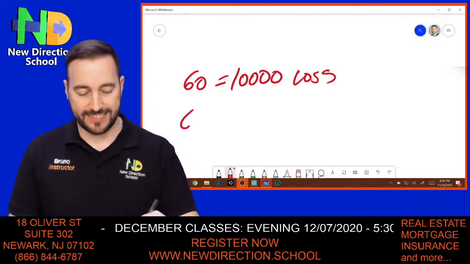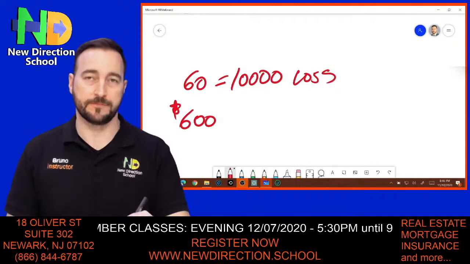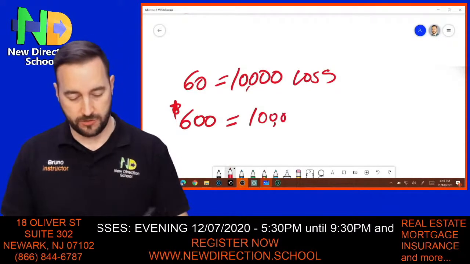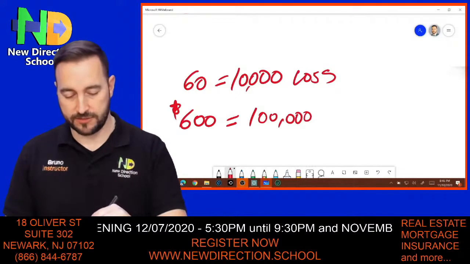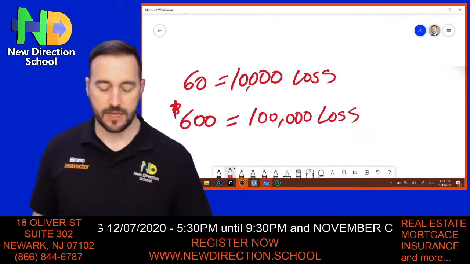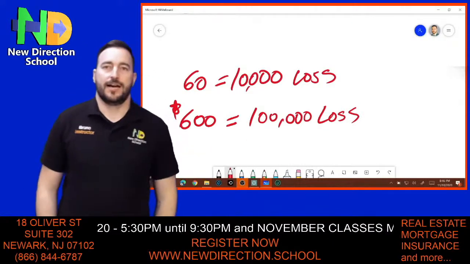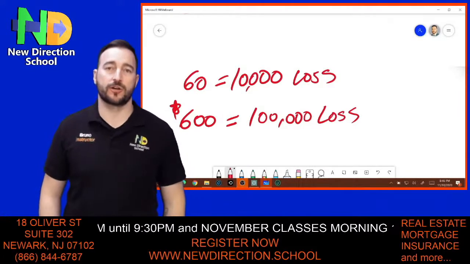If you have $600 in your car payment, it's the same thing as saying you lost $100,000. Why is this important? Guys, when you get into a pre-approval, they're going to look at your current situation.